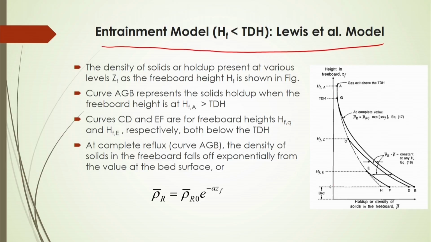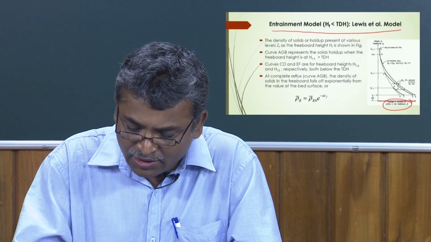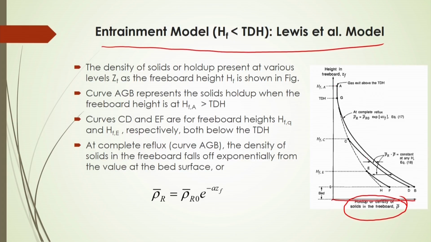The y axis represents the height of the bed and the x axis represents the hold up or density of the solids in the freeboard. From their experimental results, they plotted and got this type of profile of the hold up along the height of the bed.